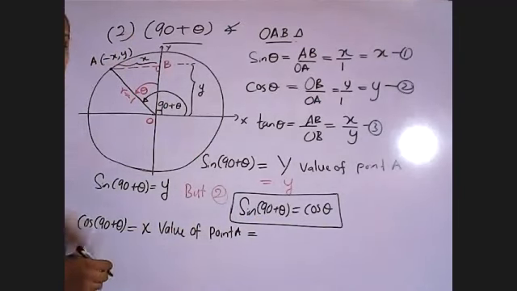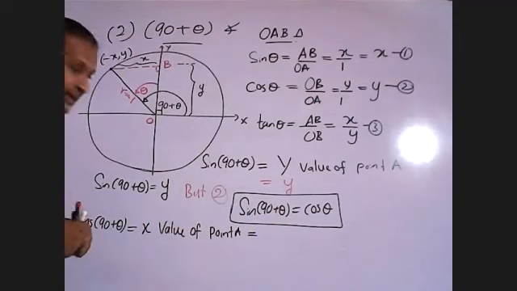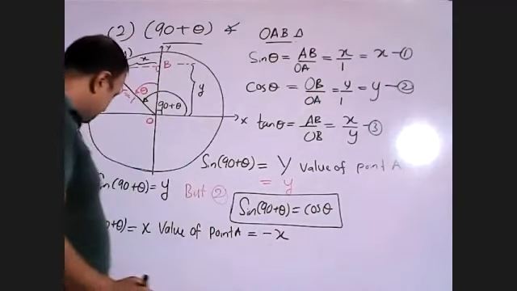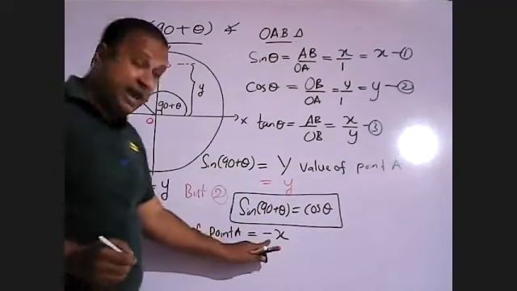Now it is equal to minus x. So cos 90 plus theta is equal to minus x.